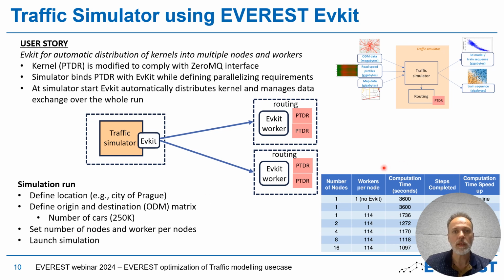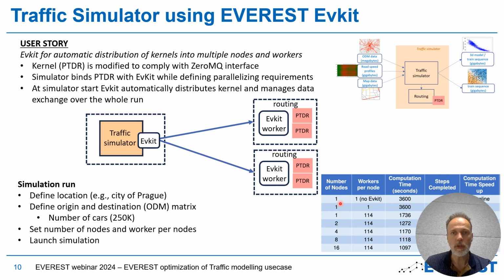Let me present the results in the table. Here you can see that the baseline using just a single kernel instance that is without fkit took approximately 3,600 seconds.